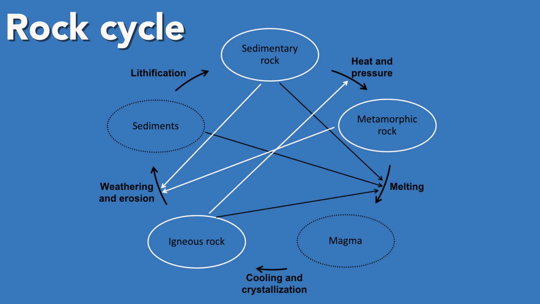An igneous rock or metamorphic rock can be transformed into sedimentary rock by undergoing weathering, lithification, or sedimentation, and vice versa, where sedimentary rock or metamorphic rock can undergo melting and crystallization to transform into an igneous rock. Both sedimentary and igneous rocks that undergo heat and pressure can deform and recrystallize into metamorphic rock. Keep in mind, each of these rocks can also undergo geological transformation to reform the same type of rock.